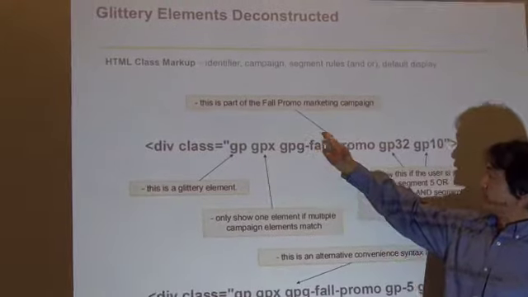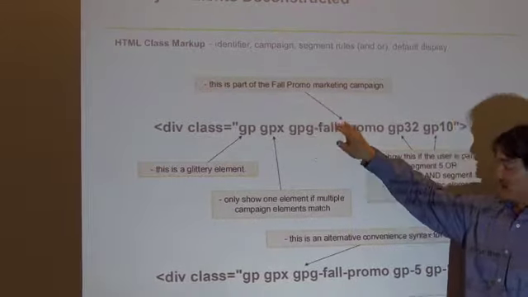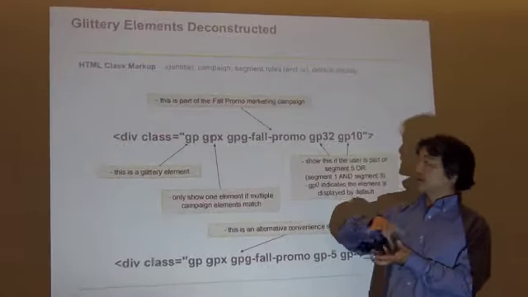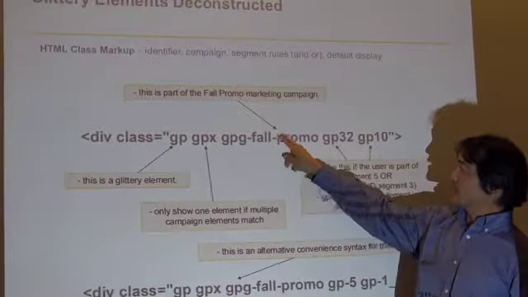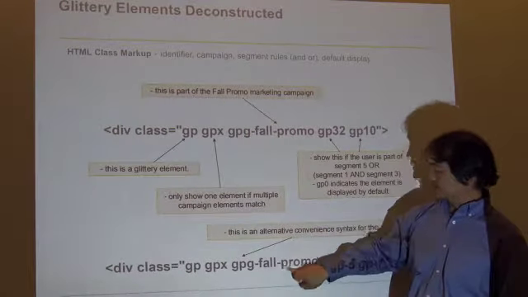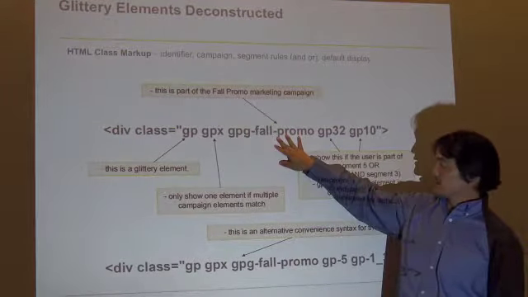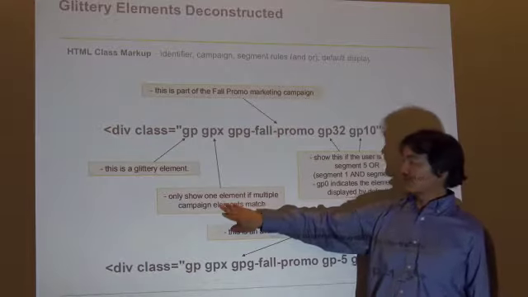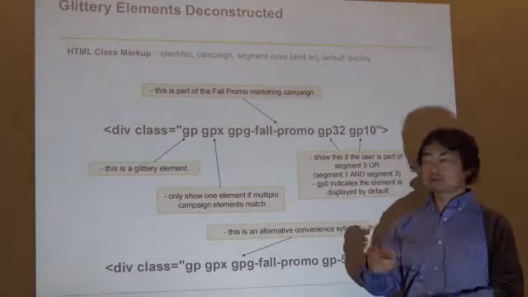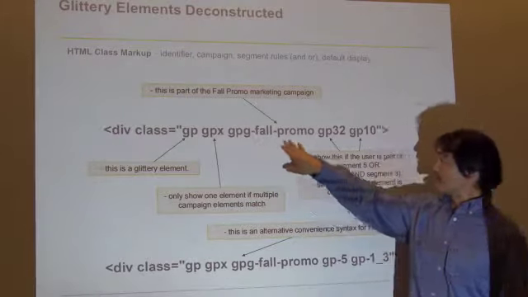That's all you have to do. Every set of targets has to have a campaign ID. In this case, we have GPG fall promo. This is a flag that indicates to only show one that matches. Don't show multiple items. So that's either there or it's not there.